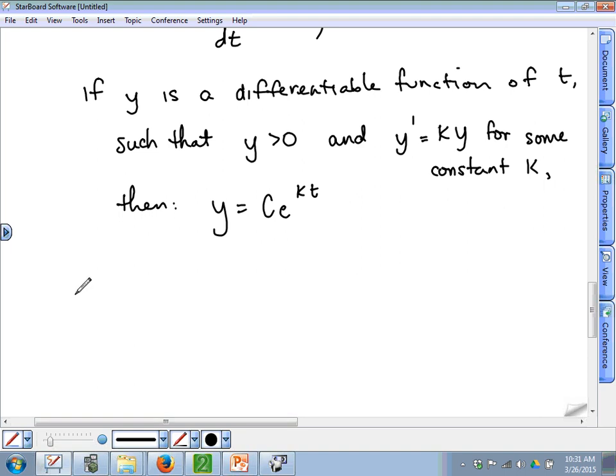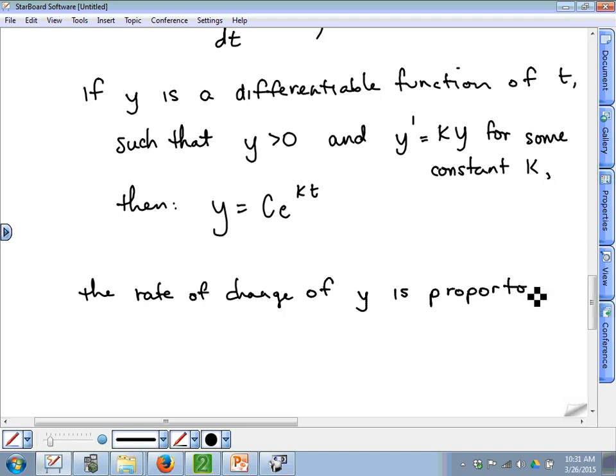So here's how you use it. The rate of change of y is proportional to y.